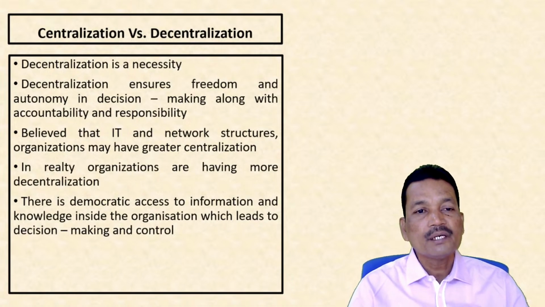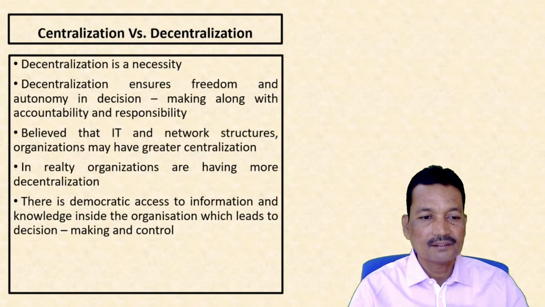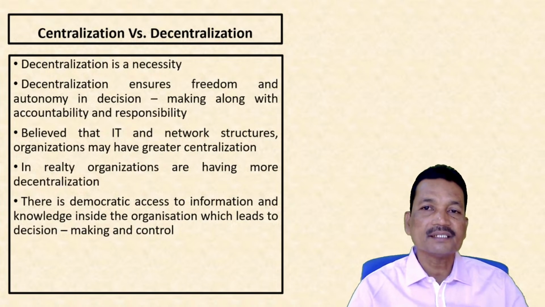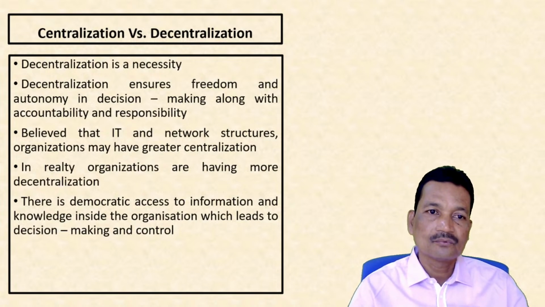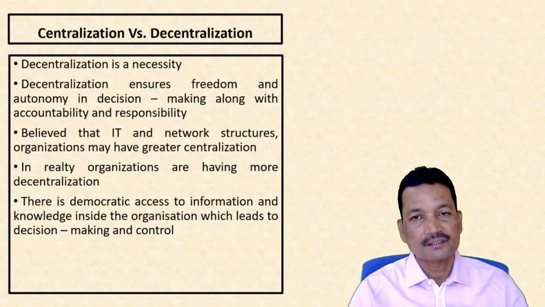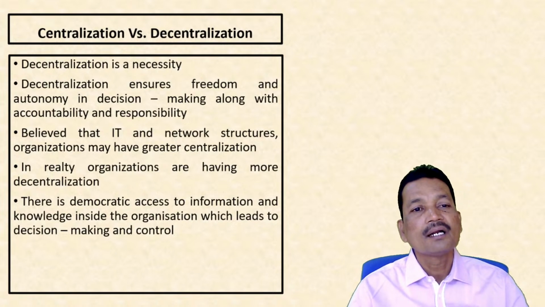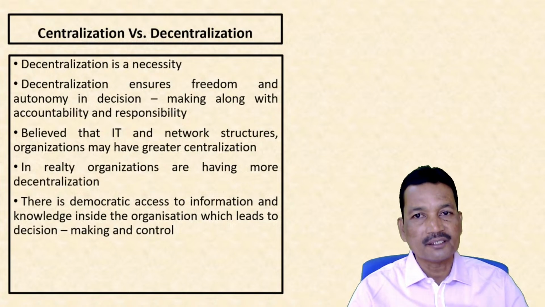Now, when we are talking of MCS, management control system, we try to see the information which is passing on, who is taking the decisions? Is it only the top management, or is it given to all types of employees?